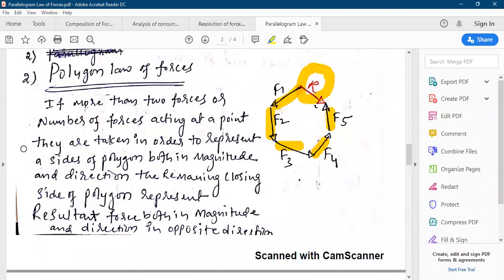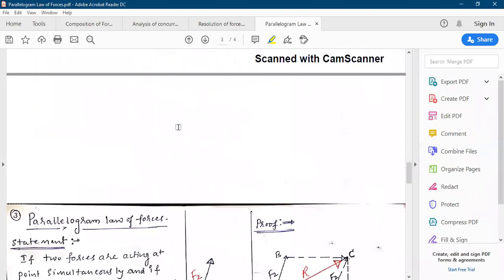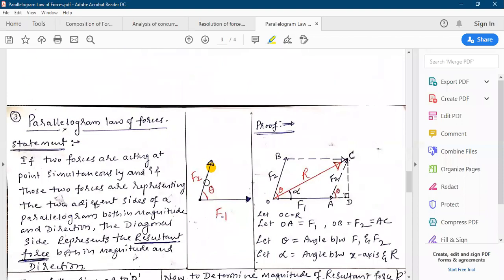That is the polygon law of forces. Similarly, if two forces are acting at a single point and the angle between them is theta, they can be represented as two sides of a parallelogram.